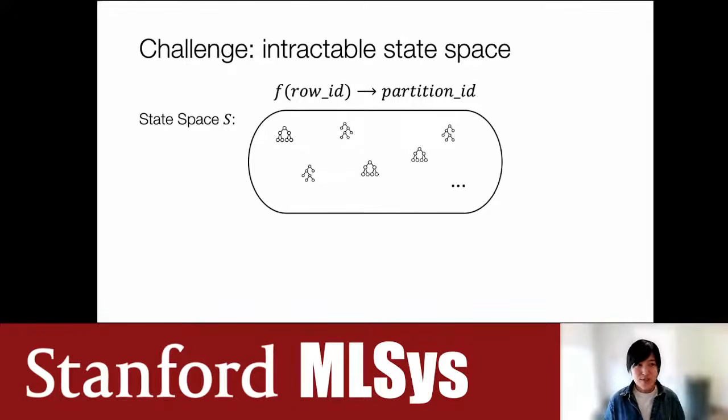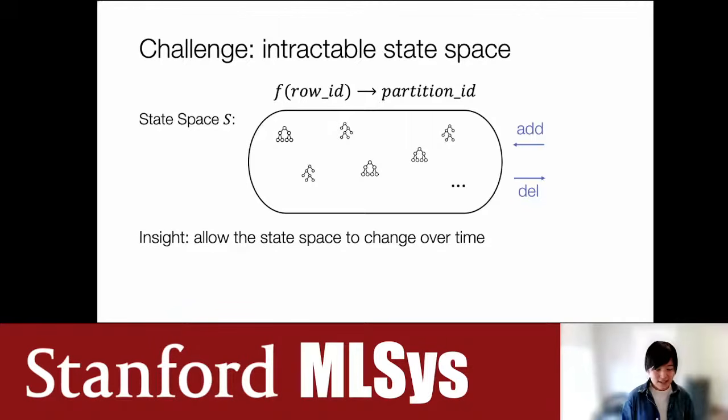So what we would like to do is to start maybe with a default organization, and as we observe more queries, add and remove different organizations or different layouts to the state space over time. But this requires the state space to change over time, versus the classic setup for online algorithms, where you work with a fixed state space for the entire query sequence.